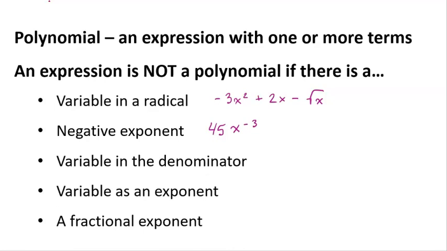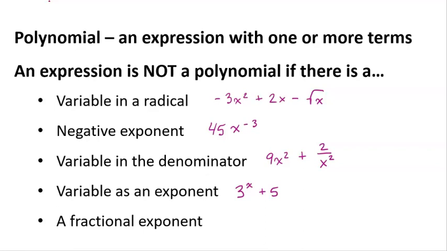And so we can't have something like 9x squared plus 2 over x, and then even if that x had a 2 on it, we know that that would be a negative exponent, and we can't have that x in the bottom. All right, and then we can't have variables as exponents. So you can't have something like 3 to the x power plus 5.